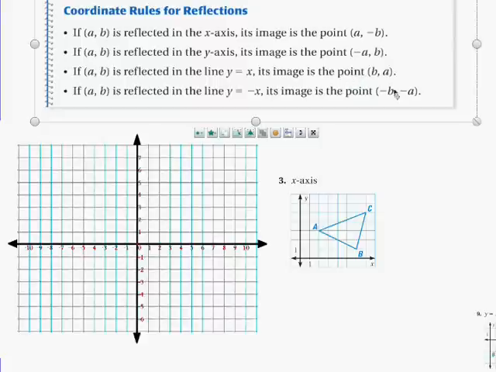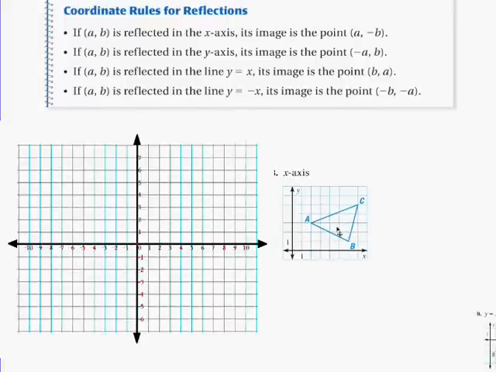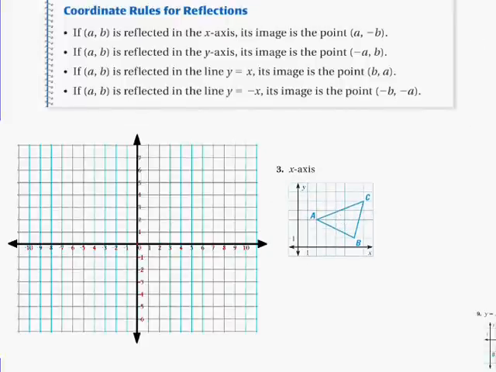We're going to reflect over the x-axis. Okay, so we're going to use this rule up here, and I'm going to say if I have any point A comma B, it will then turn into A comma negative B. Alright, let's plot the points that we have in the beginning here.